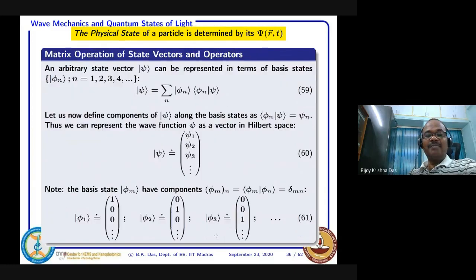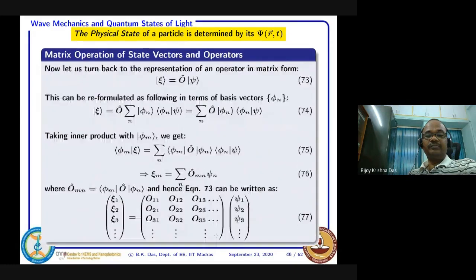So that number, we are just putting OMN. For particular m, I am writing n equal to this one, and this last bracket one, this is phi n psi. So similar to here, xi, I took a projection of xi along phi m. Here also I am taking projection of xi psi along phi n.